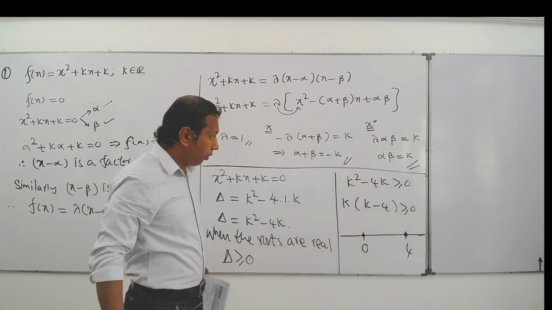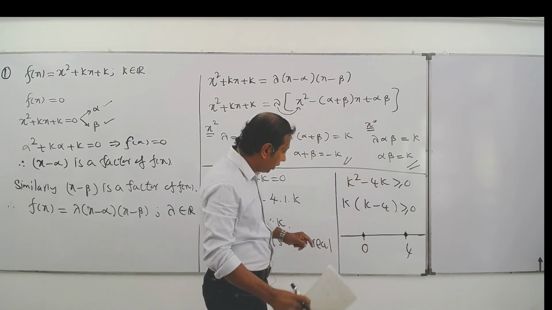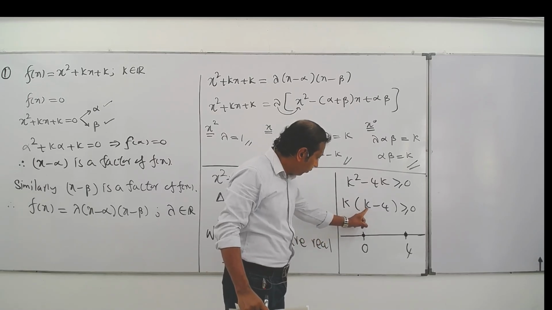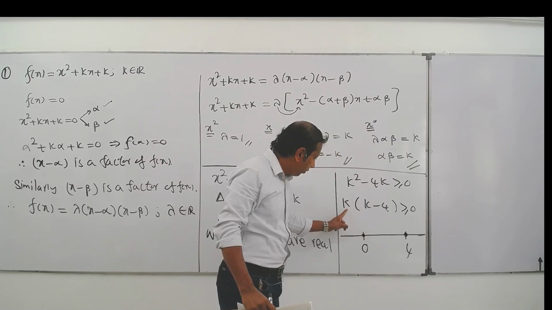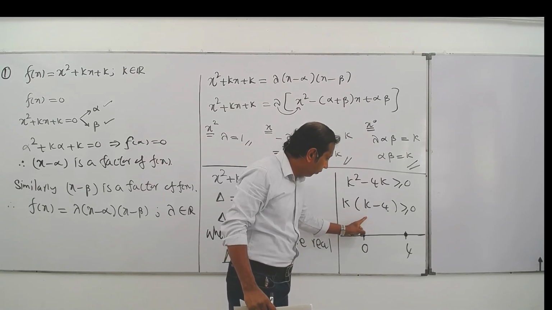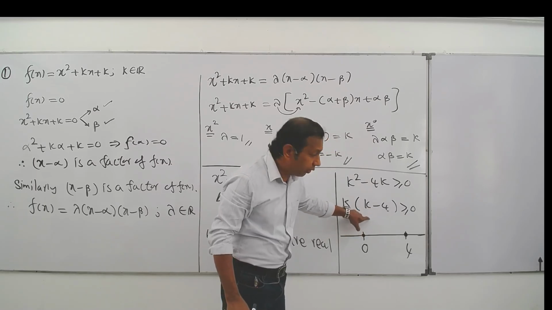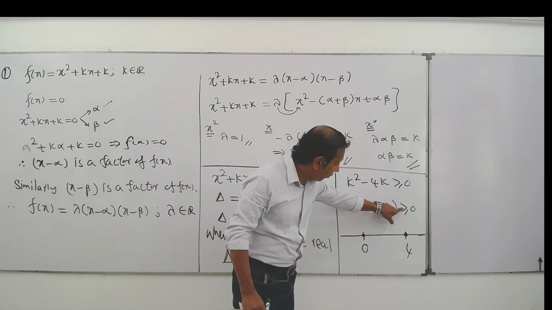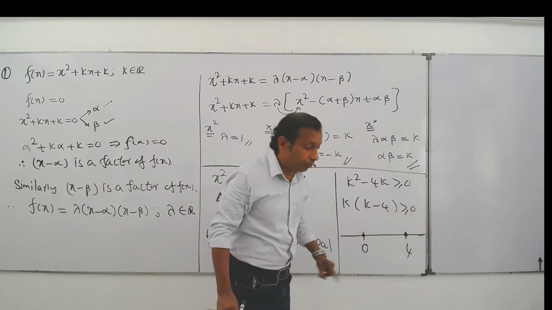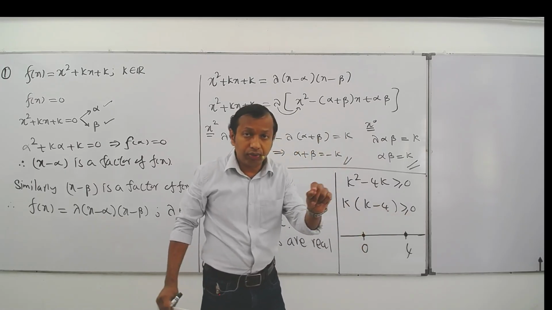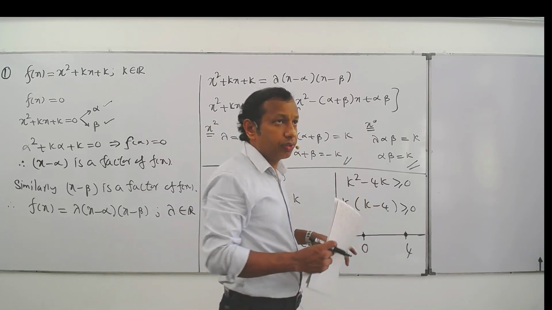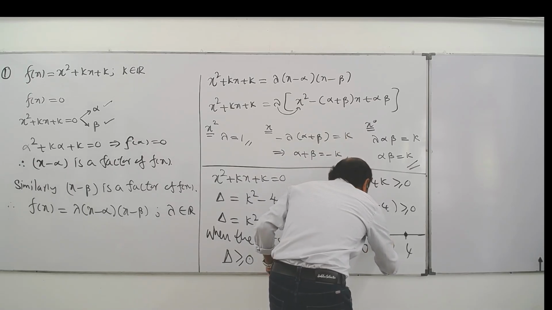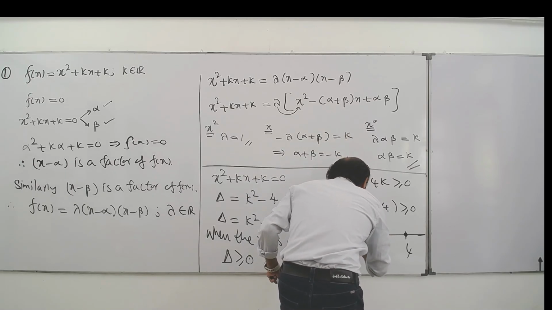Now when I substitute, like k equals 1, we get 1 into (1 minus 4), which is 1 into minus 3, which is minus 3. So minus 3 greater than or equal to 0 is false. Therefore the interval between 0 and 4 does not satisfy, and the outer regions should satisfy.